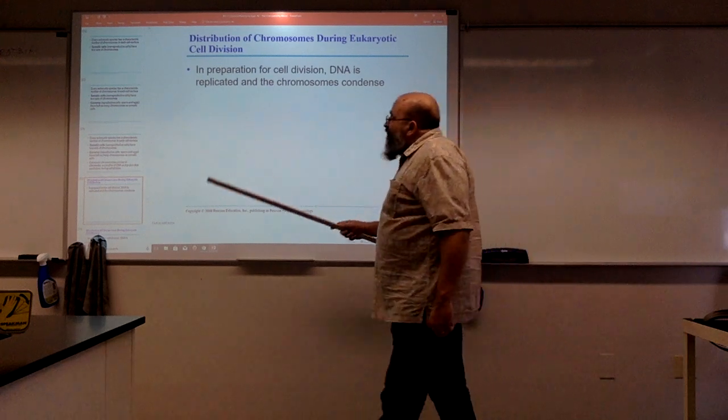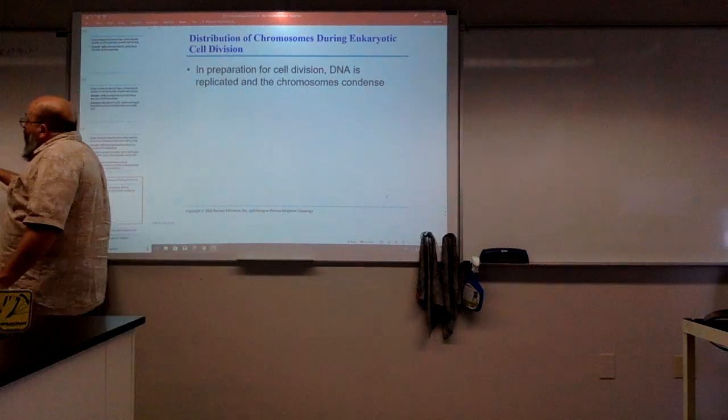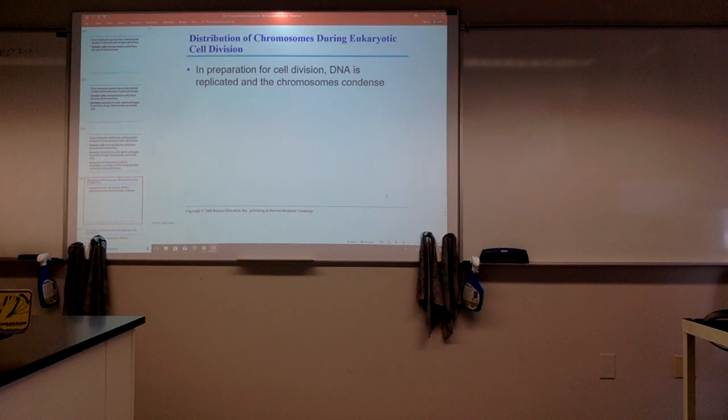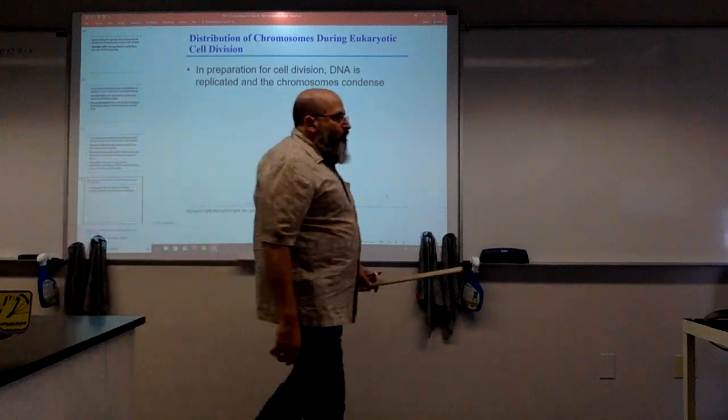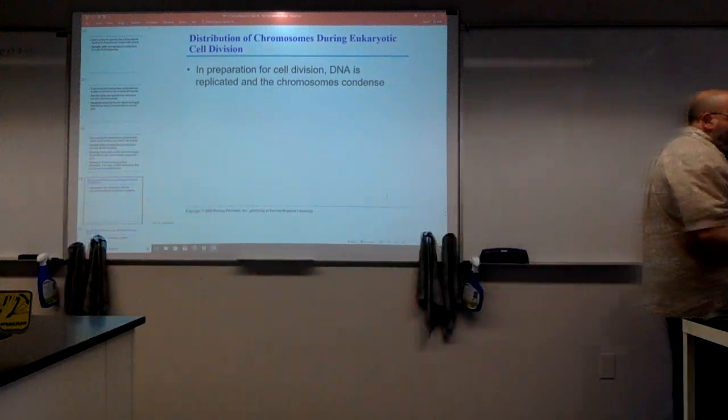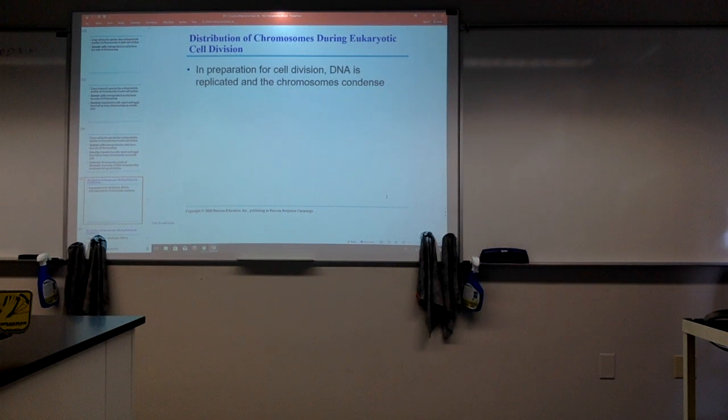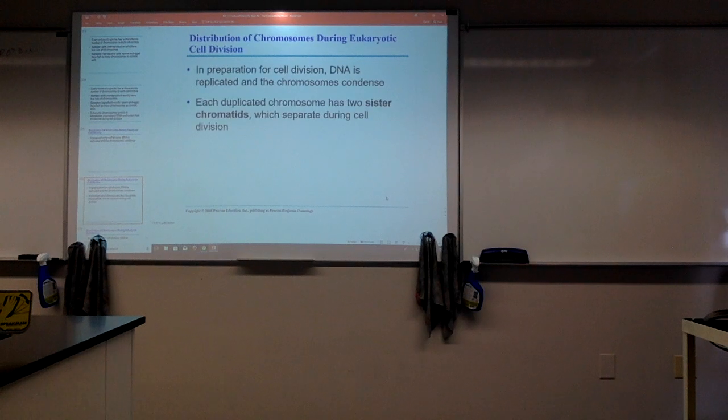So, in preparation for cell division, the DNA is replicated, and it has to be, because there's no way each cell will get the same complement of chromosomes as that first cell if the DNA wasn't replicated first. And we're still not looking at DNA replication yet. We're just getting a little closer to it.